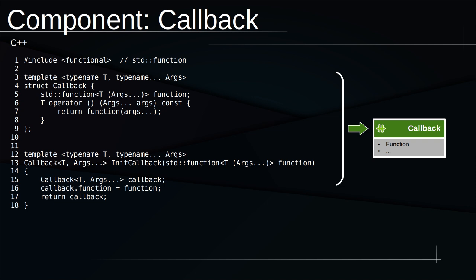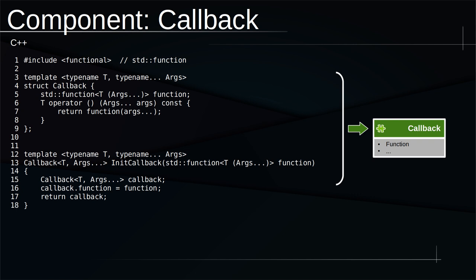The standard function is C++'s way of storing a function as an object that can be assigned to variables, like you would with an integer, string, and so on. In other words, up through line 5, we have a struct that can hold an arbitrary function, that can receive an arbitrary number of arguments of arbitrary type, and that function returns an arbitrary type. Simple, right?